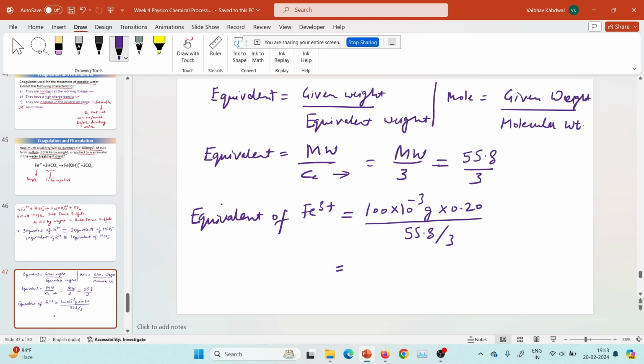So it will be about 10 to the power minus 3 equivalents.